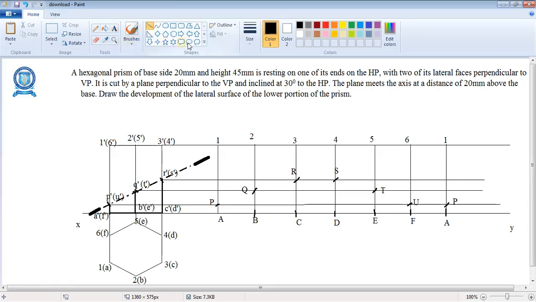The final step is to join all the points using the scale. Draw the lines like this.